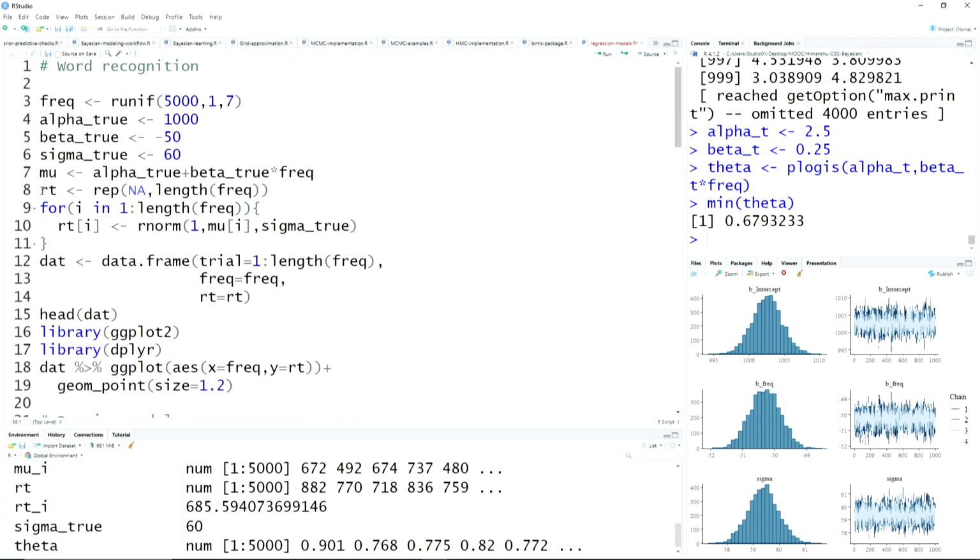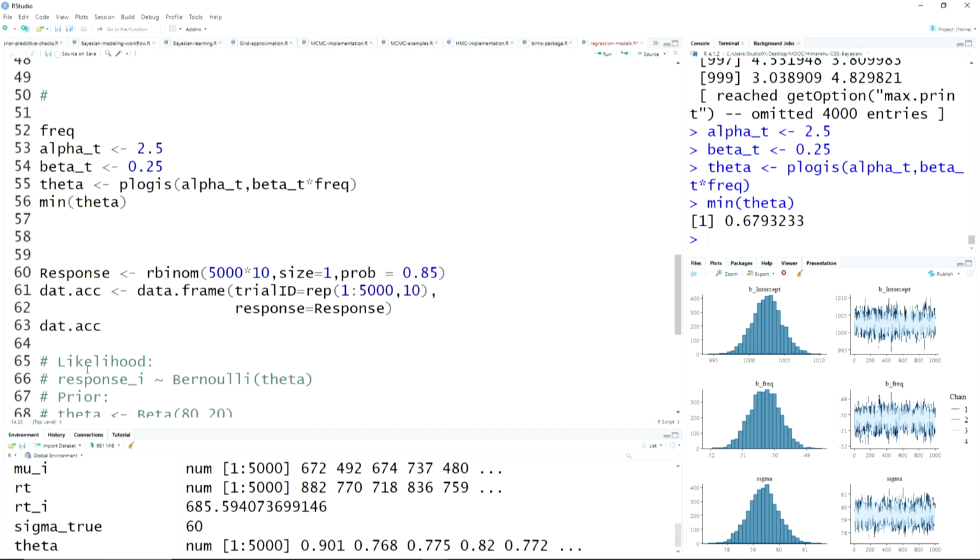So I can use the for loop in the same way, and then I create a data frame.